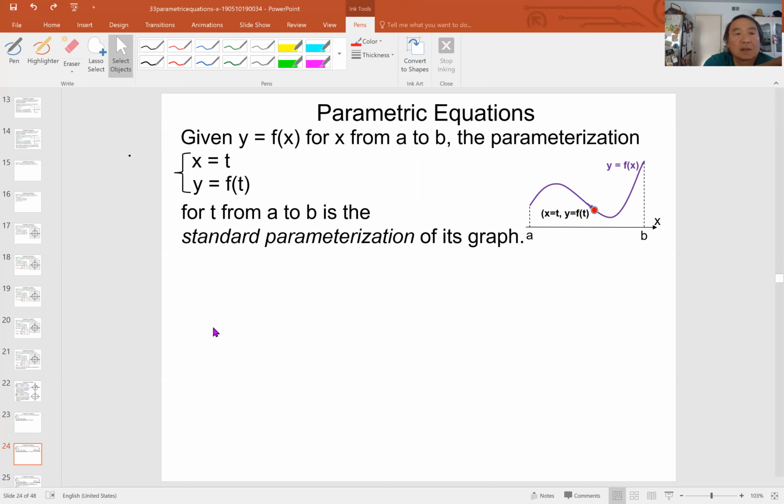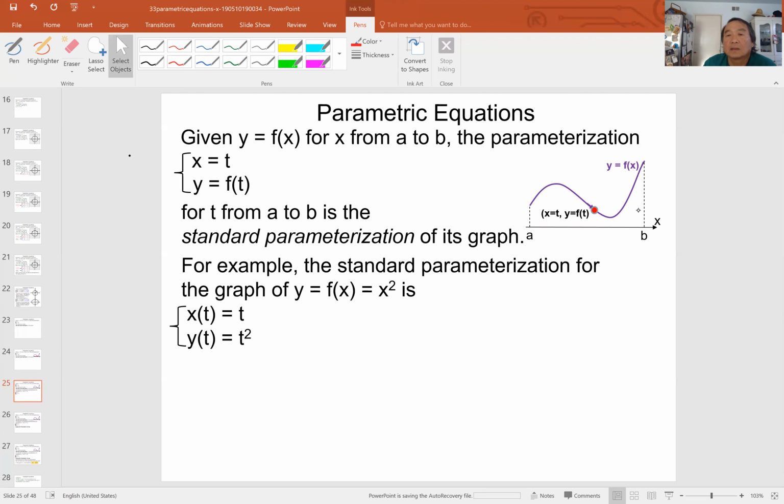Basically we are treating t as the same as x as it goes along, and then the points travel along the curve, going up and down. So here's a standard parameterization of y equals x squared: just t squared.